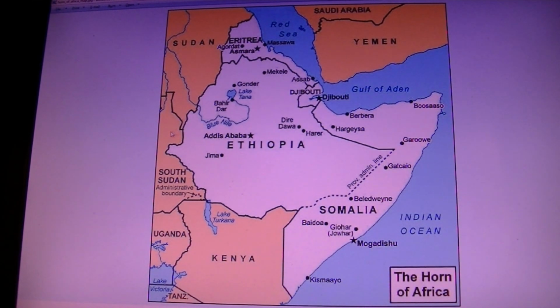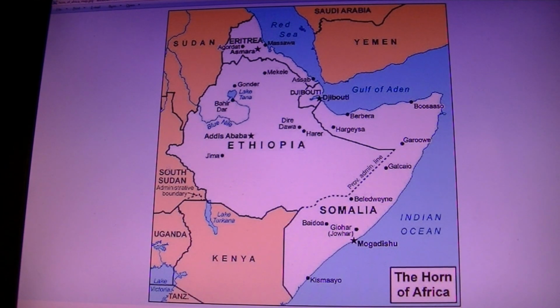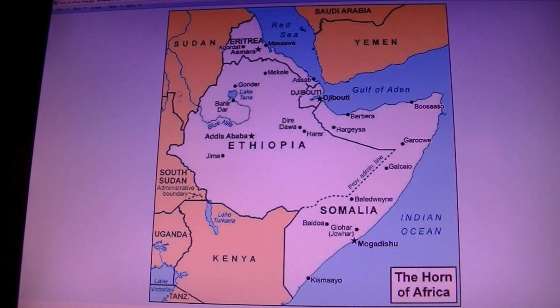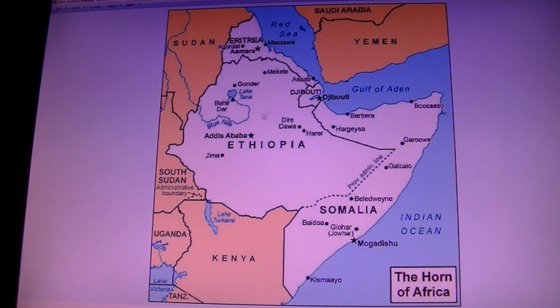And before 2011, South Sudan down here split off. They seceded from Sudan, but before that, the combined Sudan and South Sudan was the largest country in Africa and largest country in the Arab world by area. So that's a closer look at the Horn of Africa in the map here.